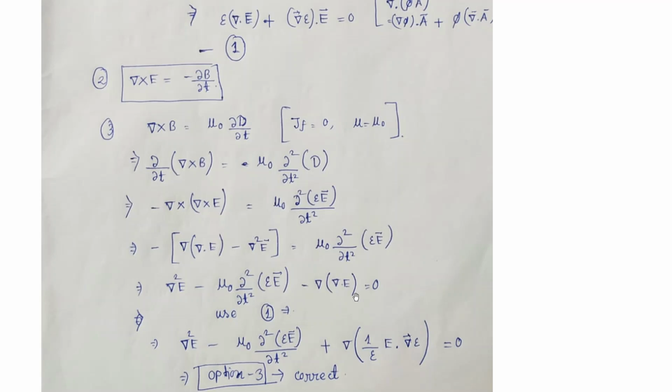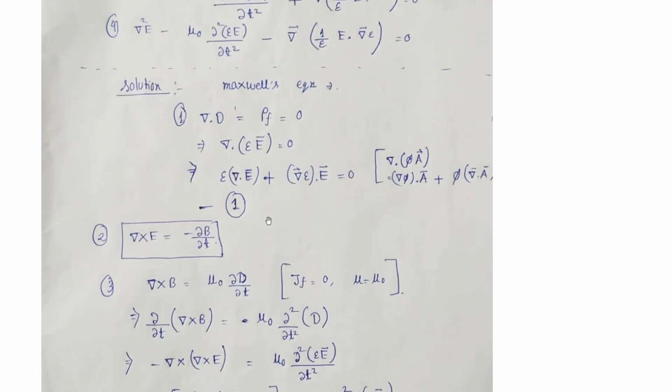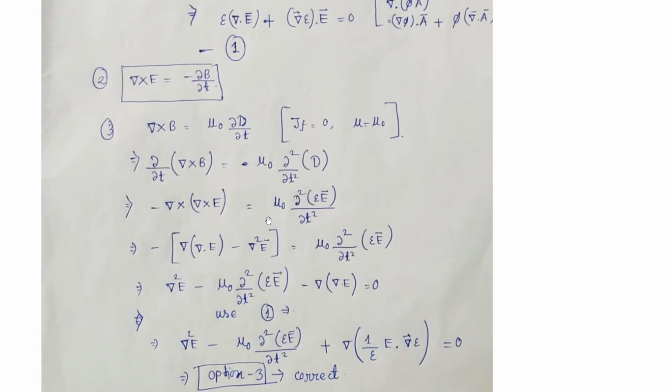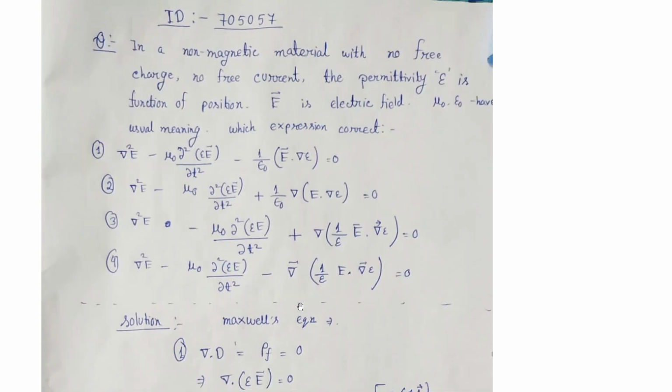After substituting, you get E dot grad epsilon by epsilon. So just replace del dot E with the substitution from equation 1, and you will finally arrive at the result: del squared E minus mu naught del squared by del t squared of epsilon E plus grad of 1 by epsilon, electric field E dot grad epsilon, is equal to 0. So for this problem, option 3 is the correct option.